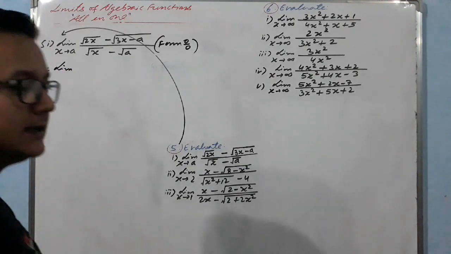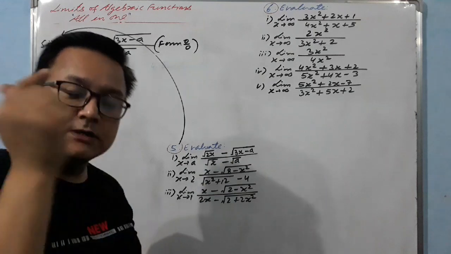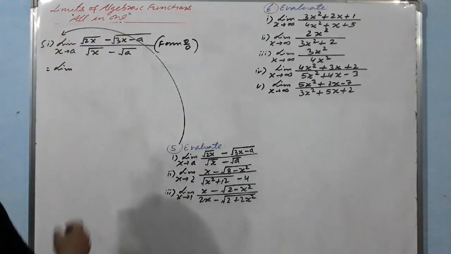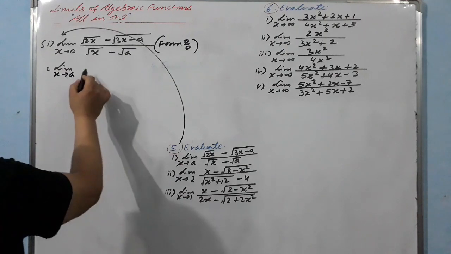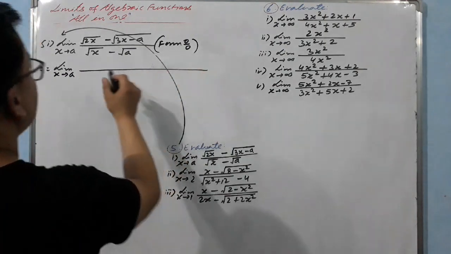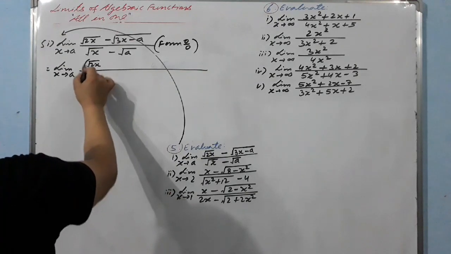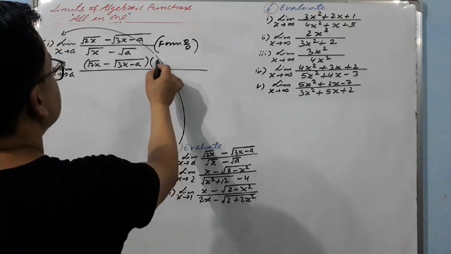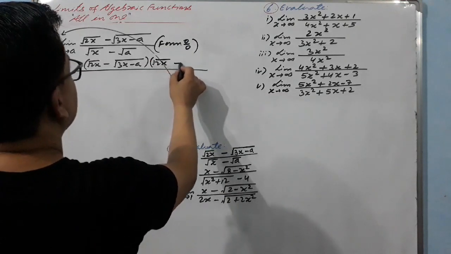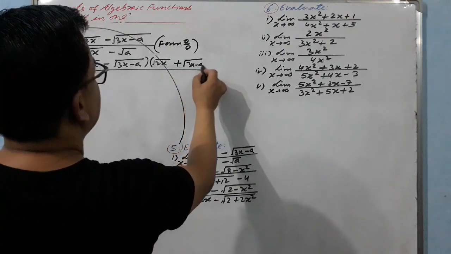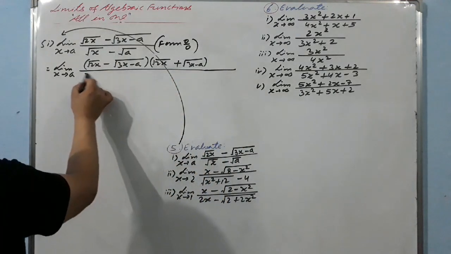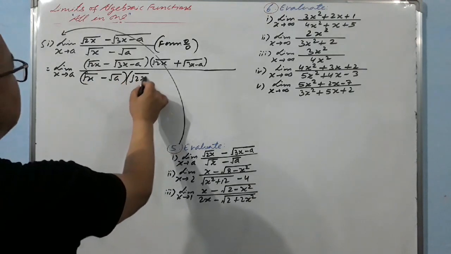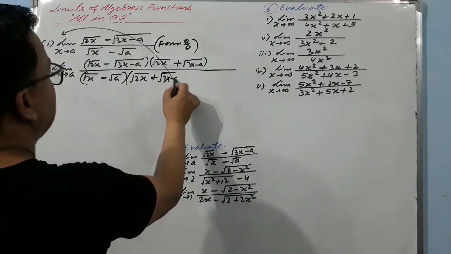In another way, we can say you can multiply numerator and denominator by the conjugate of the numerator as well as the conjugate of the denominator. So see how to do it: limit as x tends to a, root 2x minus root 3x minus a, easy, not so difficult. Root 2x plus root 3x minus a, and here root x minus root a, or root 2x plus root 3x minus a.